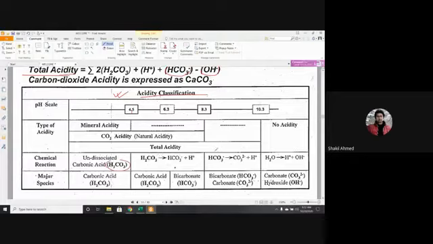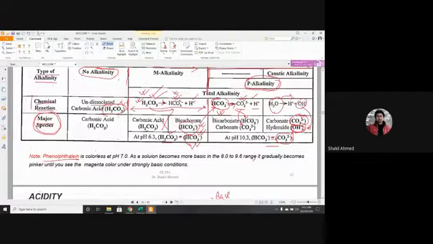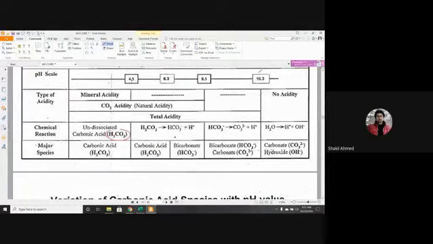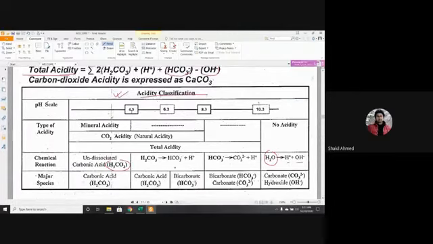Again at 8.3 H2CO3 dissociates and gives this, similar to this. And above 10.3 H2O starts dissociating to give you hydrogen ion.